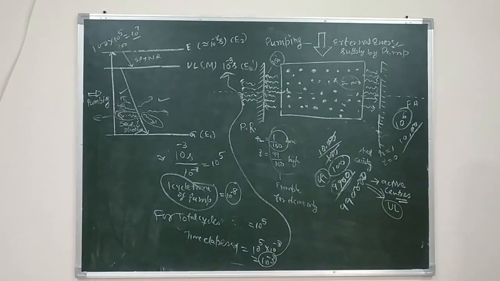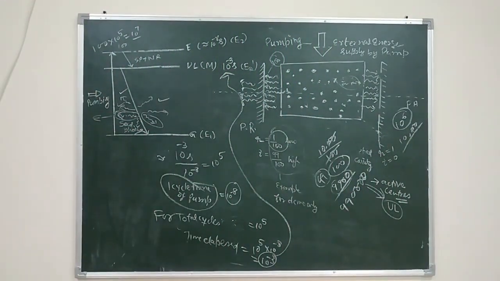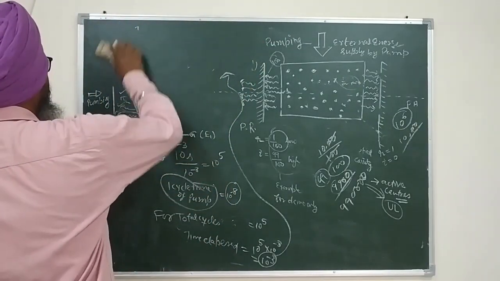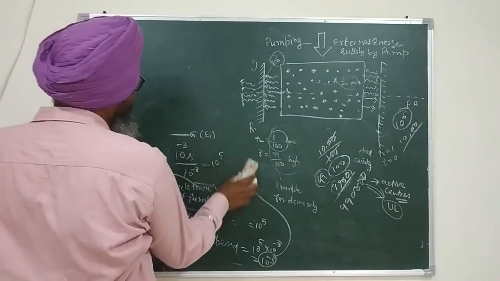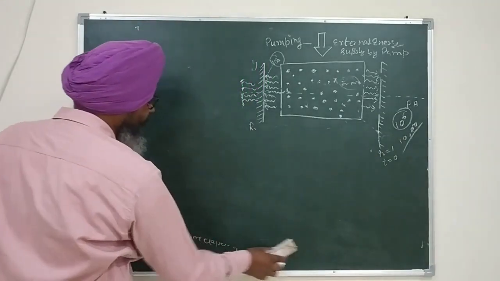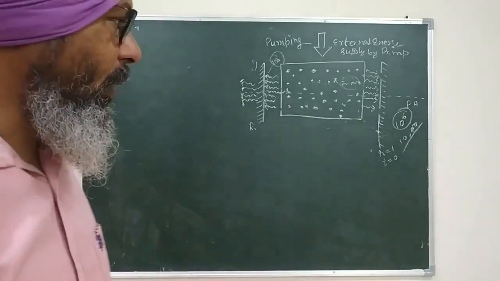So now it is very clear that as time passes, with every output that comes out of the partially reflecting mirror, the number of photons is increasing, and therefore the intensity of the light, which is directly proportional to the number of photons present in the beam, is increasing.